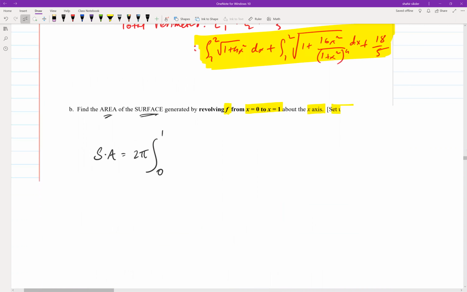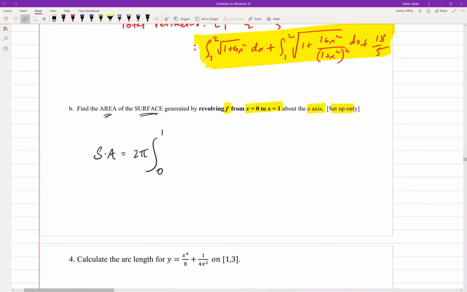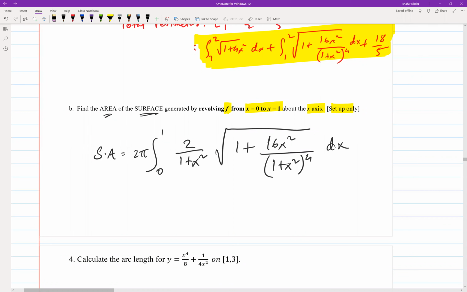So this right here would be f of x. What is our f of x? It's 2 over 1 plus x squared, times the square root of 1 plus 16x squared all over 1 plus x squared raised to the 4 dx. And that is our setup for the surface area.